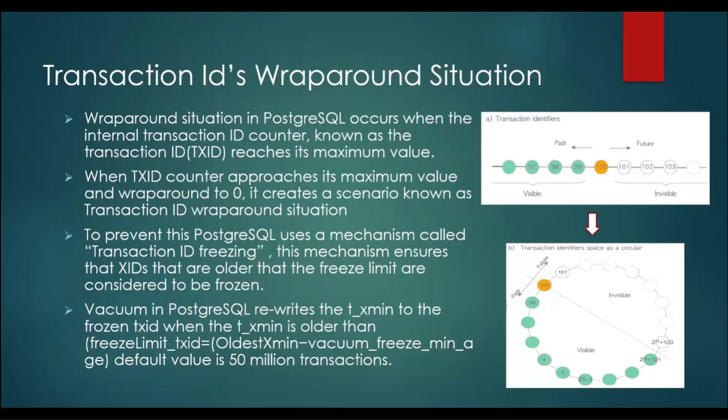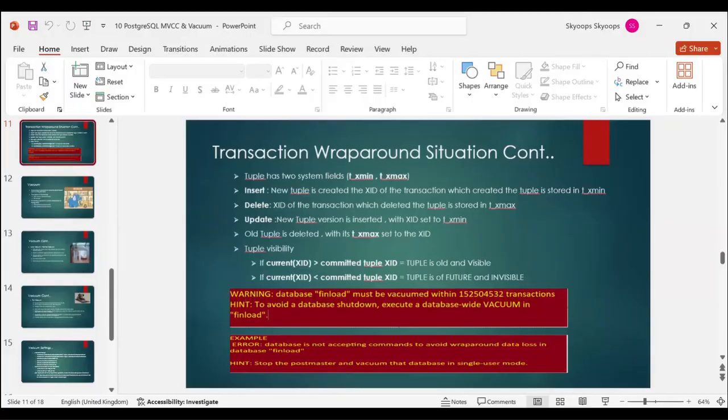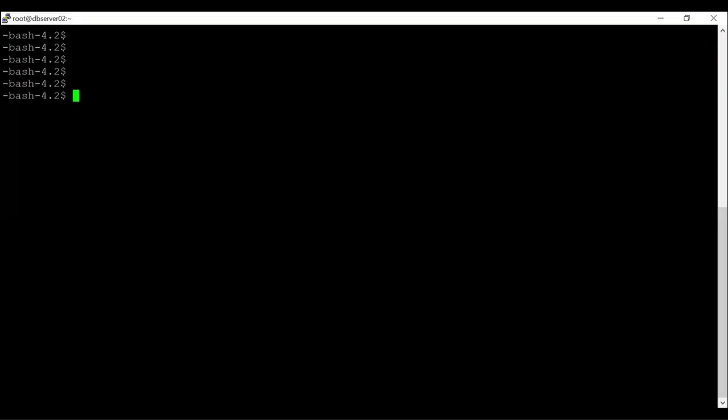But a few times, because your table is busy, it may skip vacuuming. In those cases, as a DBA, we have to monitor and do it as soon as possible. If it is coming close to 2.1 billion, we have to take care of that vacuuming. So let's do a practical. Yes, we can continue with the practicals.